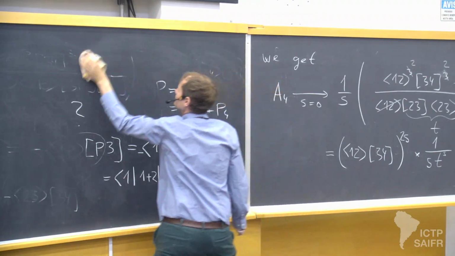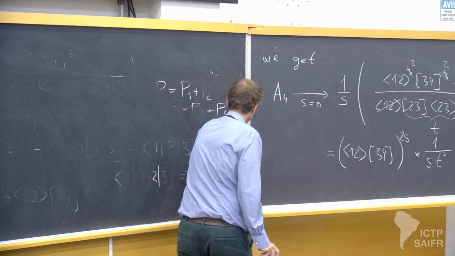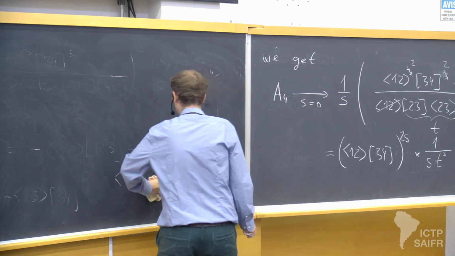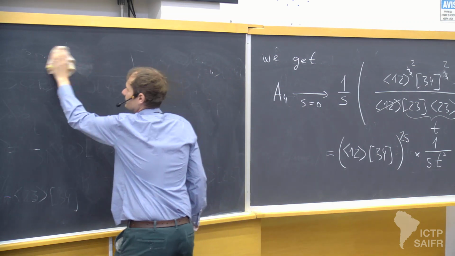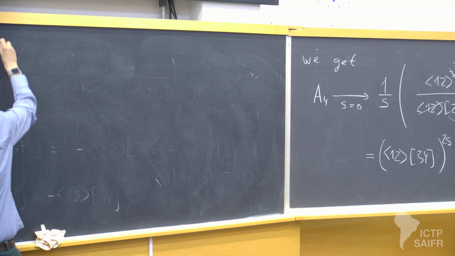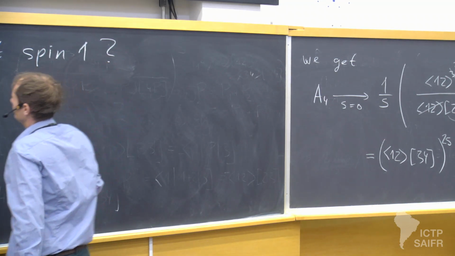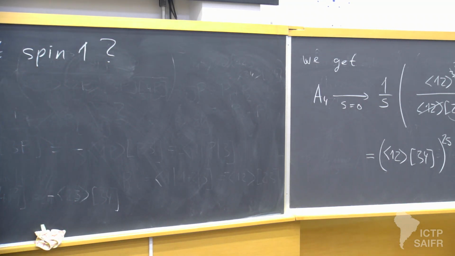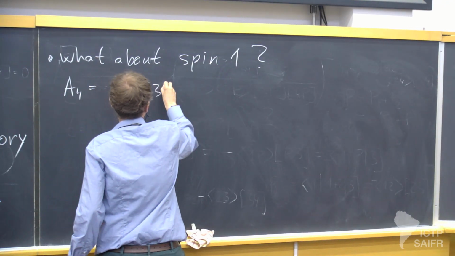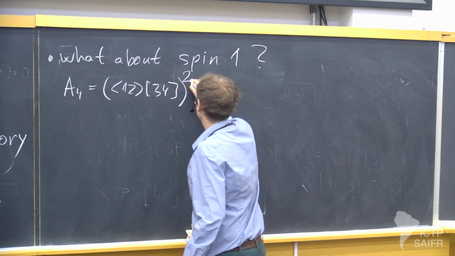So let me just show what the amplitude can be. If I directly do the extrapolation of what we had here, the amplitude is something like this, which would make good sense. So it's this prefactor squared.